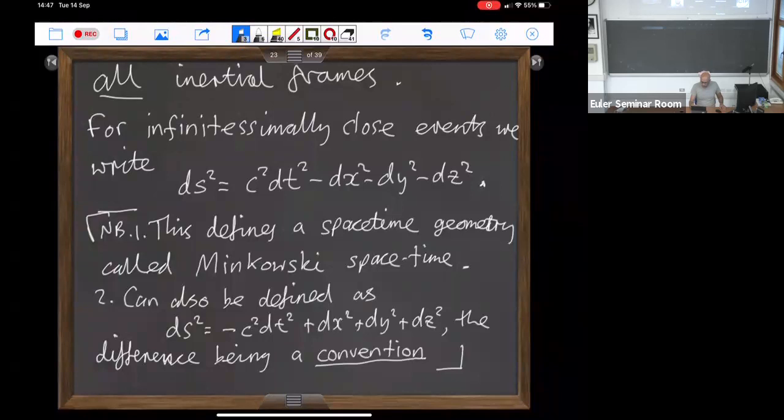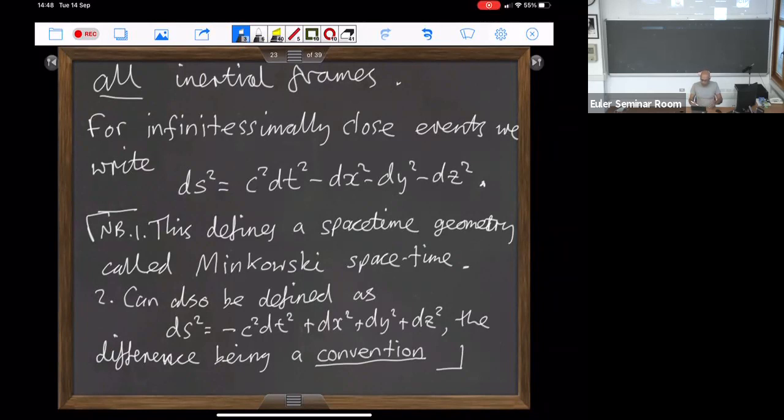The first note in the bracket here is that this defines a space-time geometry, which is called Minkowski space-time. So we usually think of the space-time, which is the set of values of the coordinates x, y, z, and t, as defining a 4-dimensional space-time manifold.